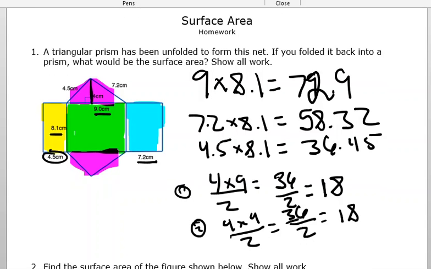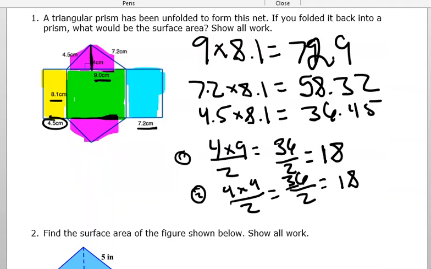All right, and I want to make sure, just like I did last time, that I have the same number of measurements as I do sides. So here I have 1, 2, 3, 4, 5, and over here I have 1, 2, 3, 4, 5. I'm going to add them all together.